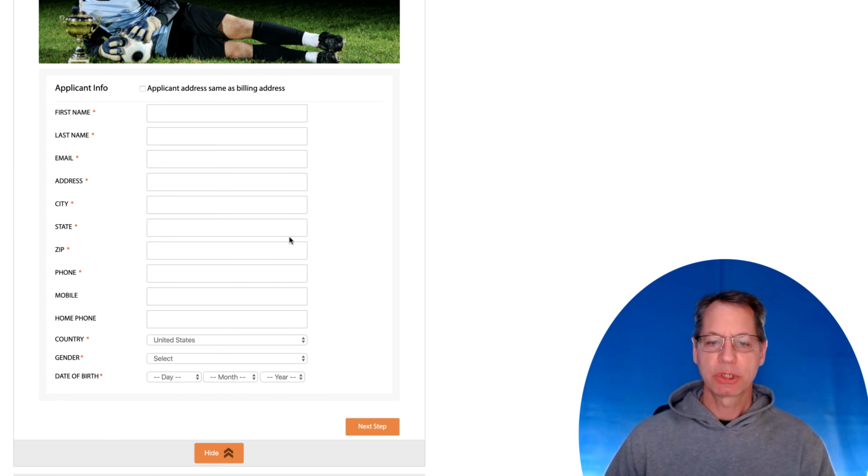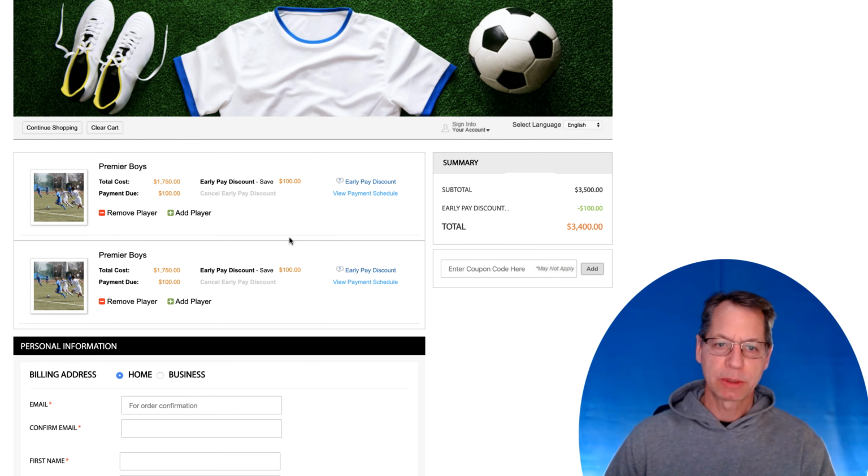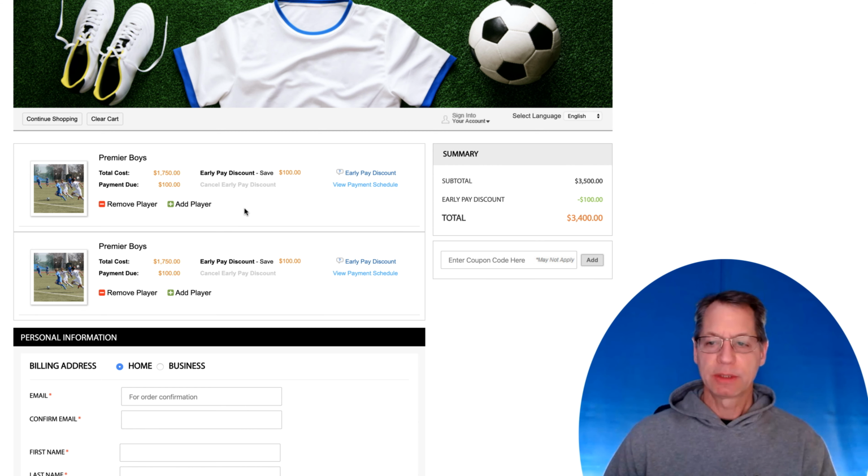And now you have registration for multiple players. So all this stuff is managed, all the math is managed, everything is taken care of at the time they're on this order page. So you can be sure that they're going to complete the order, reduce the number of questions they have, and keep this all on autopilot.